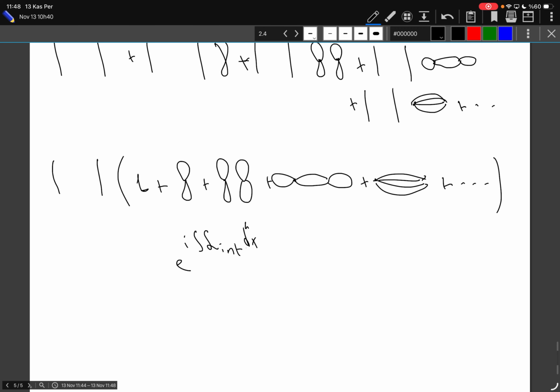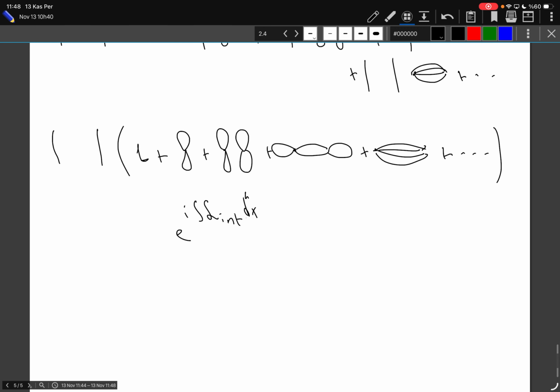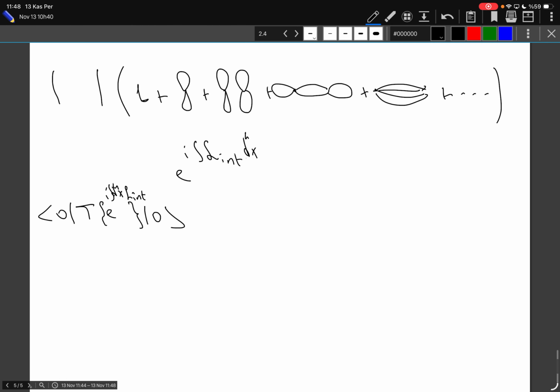They all come from this expansion. But now let me look at this one. Again, I need to expand. So what is this? Well, there are no external legs.